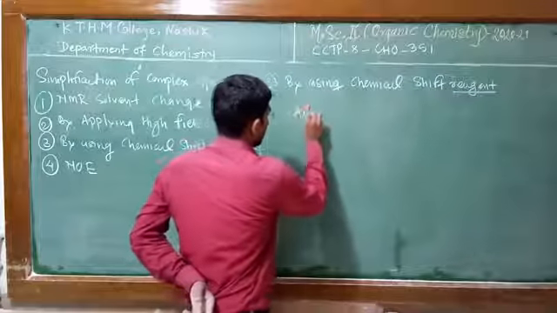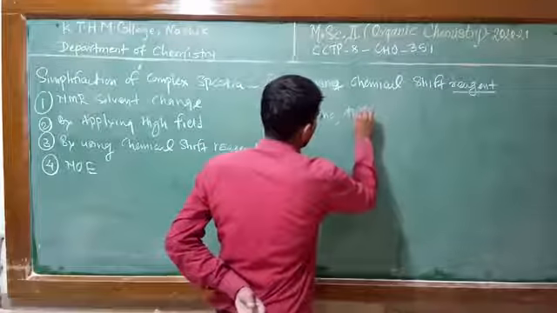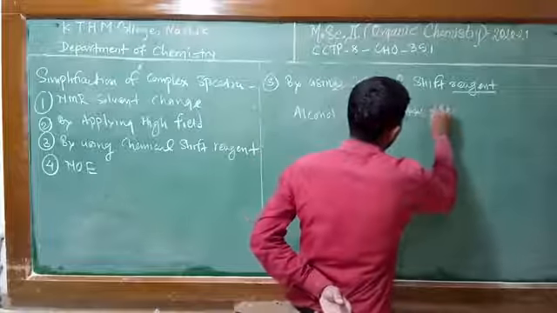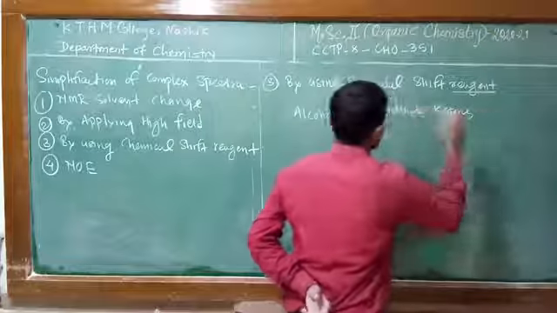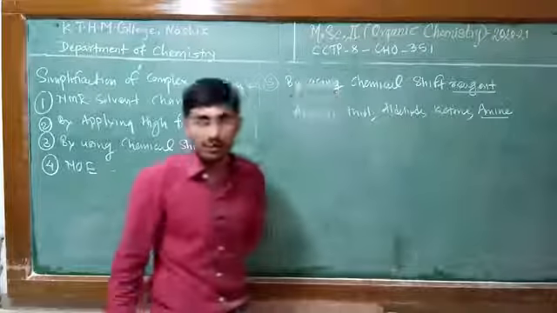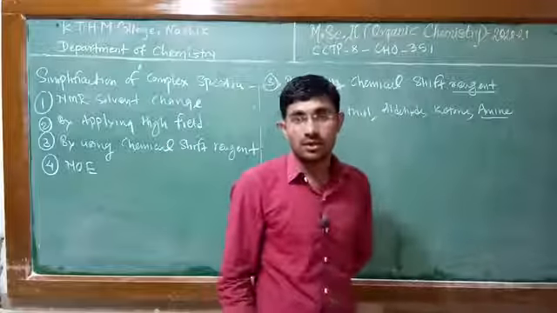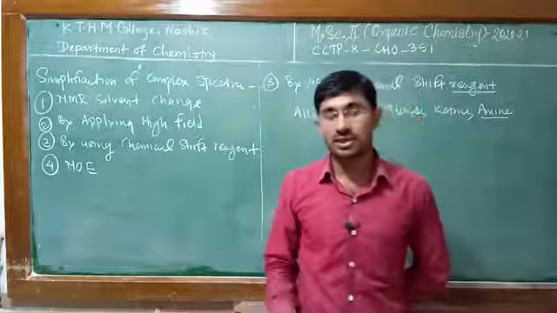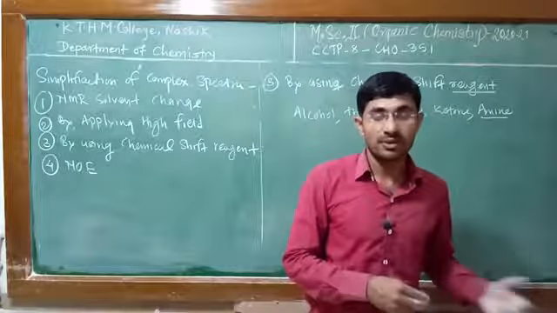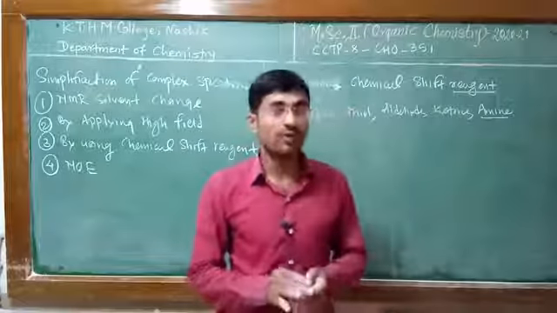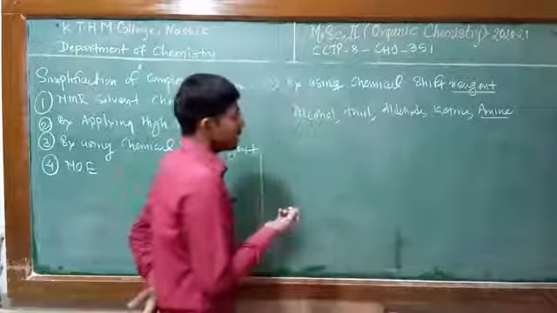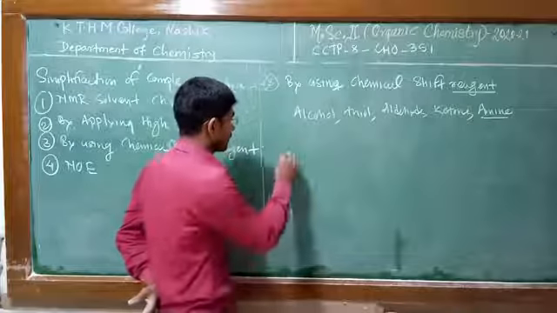So alcohols, thiol compounds, aldehydes, ketones, then amines, all these compounds contain an unshared pair of electrons. So this unshared pair of electrons can interact with this chemical shift reagent, forms a coordinate bond with this complex, and we get the spectral simplification here.